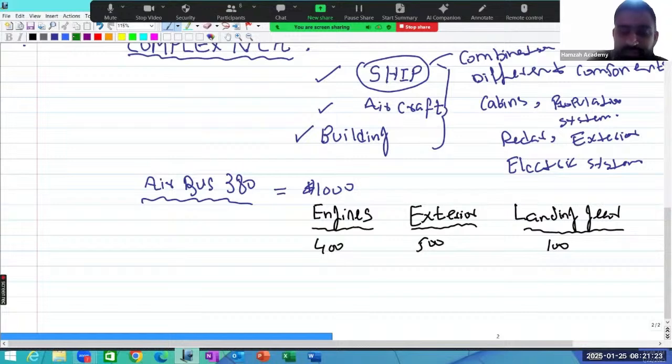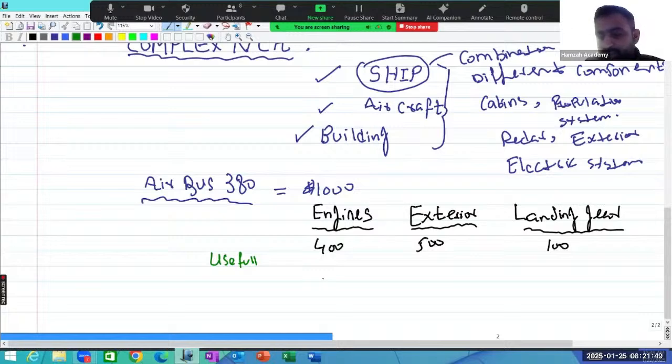Furthermore, the useful life of each component is different and they have different patterns of depreciation.